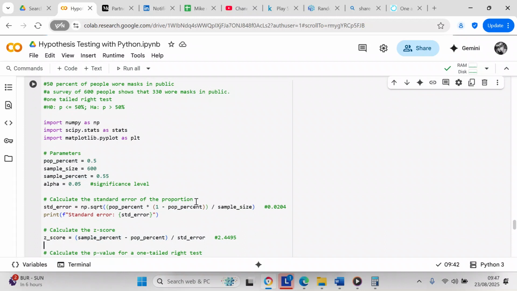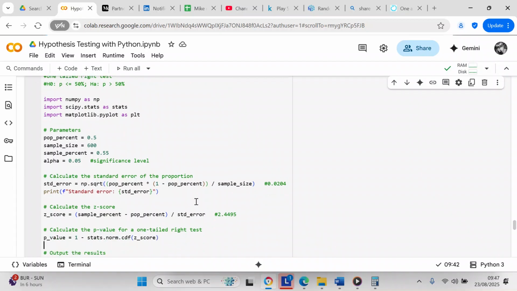Now we're going to calculate the z-score. Your z-score is your sample percent minus your population percent divided by your standard error, and that's 2.4495.